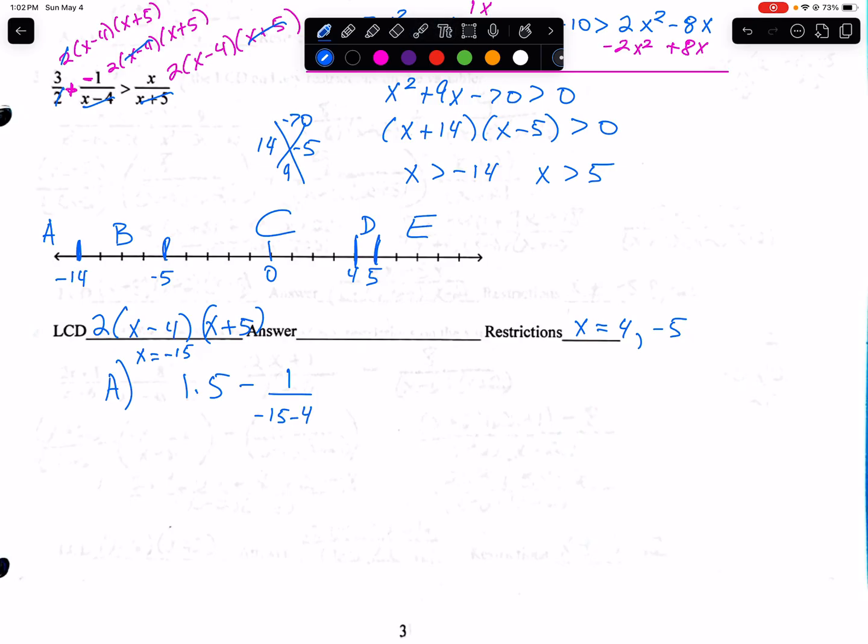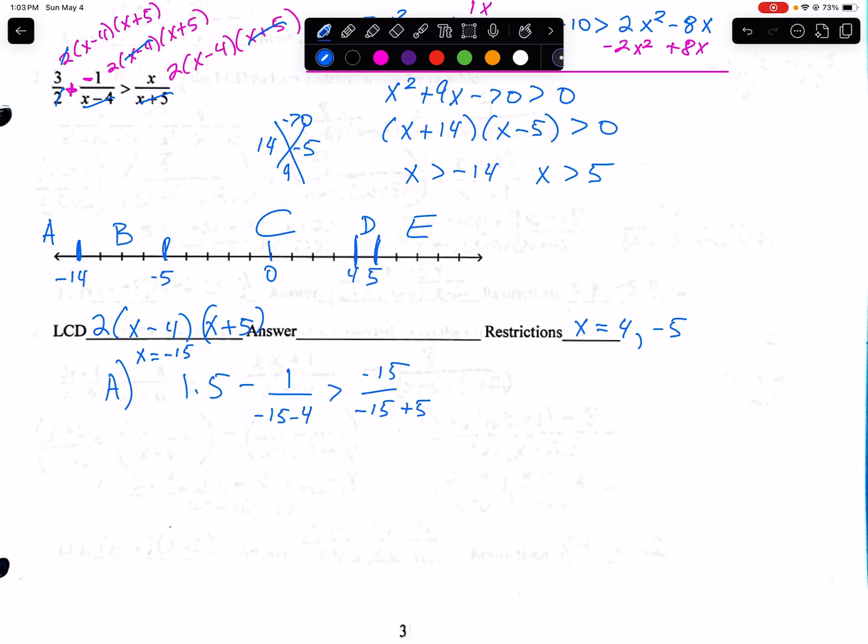This is the definition of tedious. Isn't it negative 15? Oh, minus. Yeah. I'm testing over here, right? To see if it works on that side. Negative 15 over negative 15 plus 5.